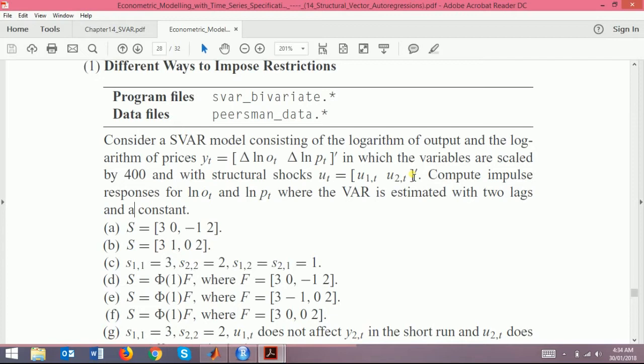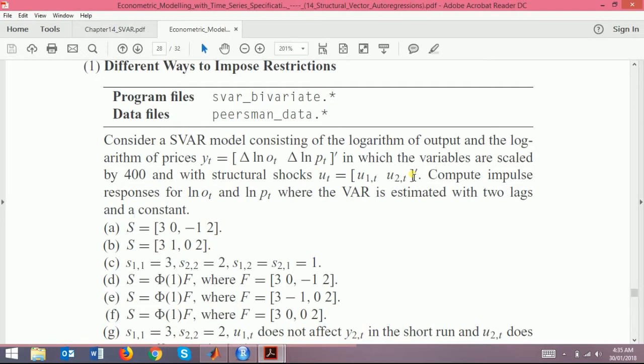Compute impulse responses for logarithm of output and logarithm of prices, where the VAR is estimated with 2 lags and 1 constant. So S is given to us in different cases.